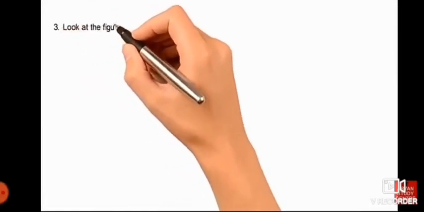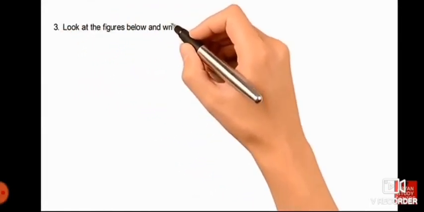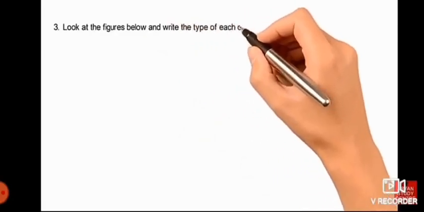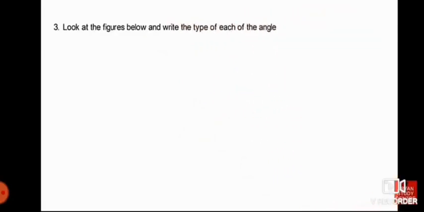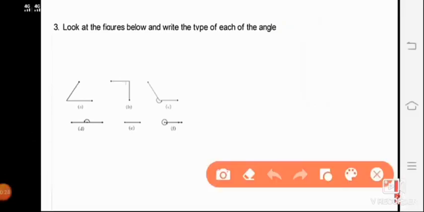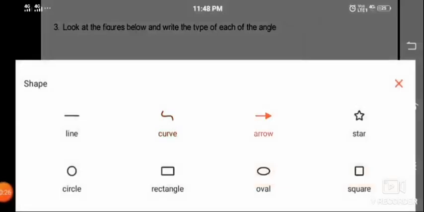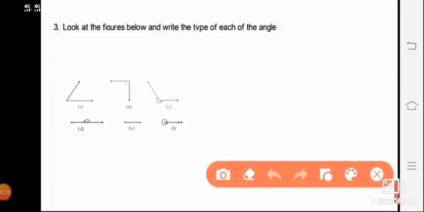Look at the figures below and write the type of each angle. So here they have given you the diagram. In total they have given you 6 figures. So we are going to look at each figure and then write its answer. The first one, if you see, students, the first figure, that is this particular one, figure A. It is less than 90 degrees. 90 degrees is like this.